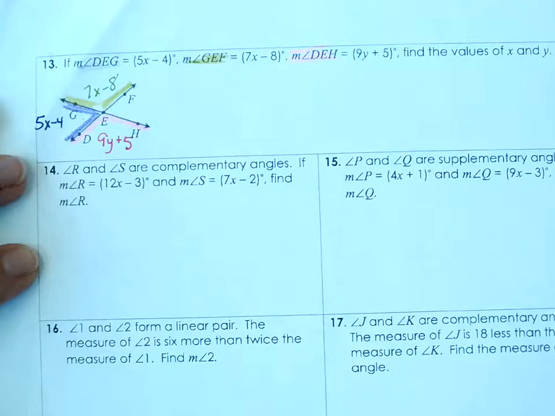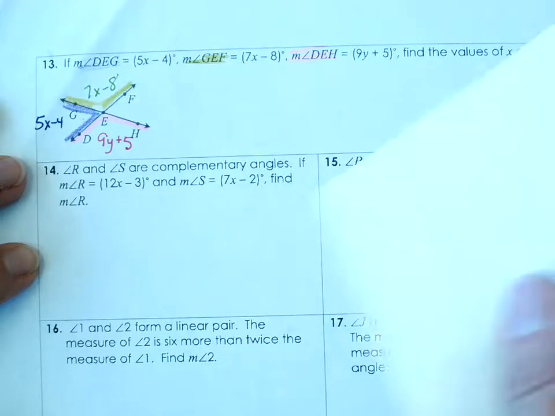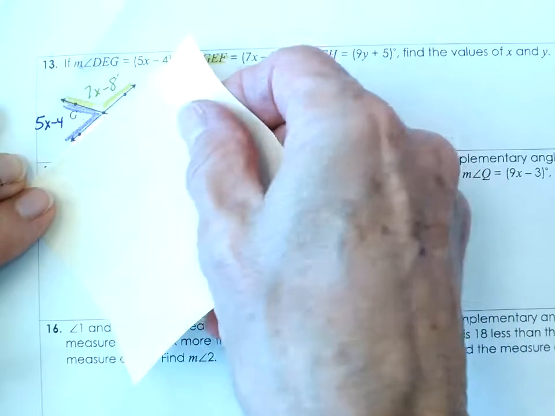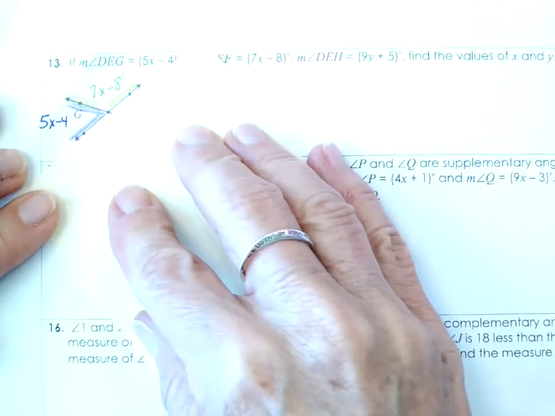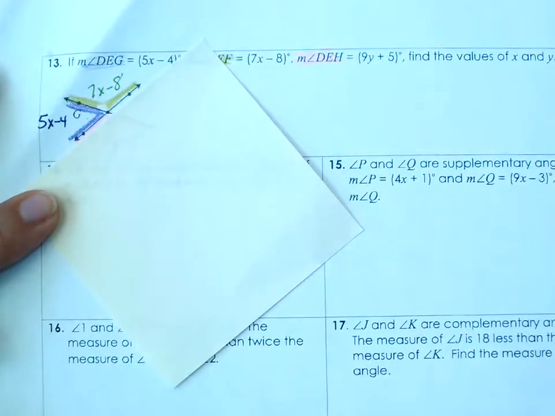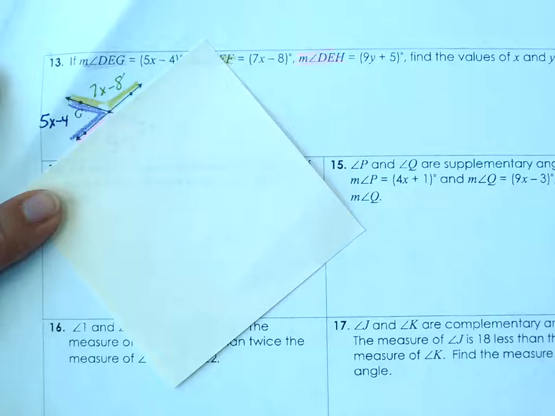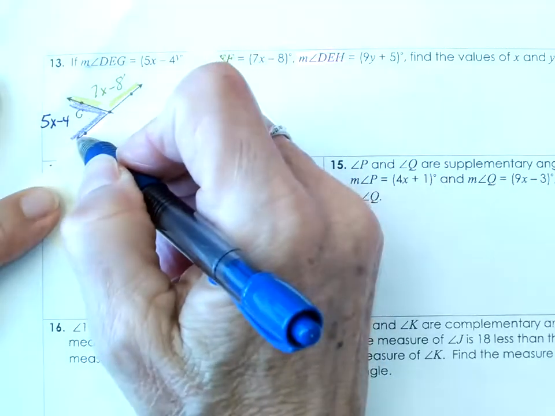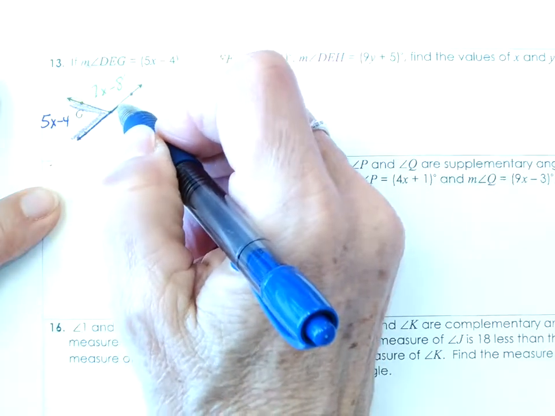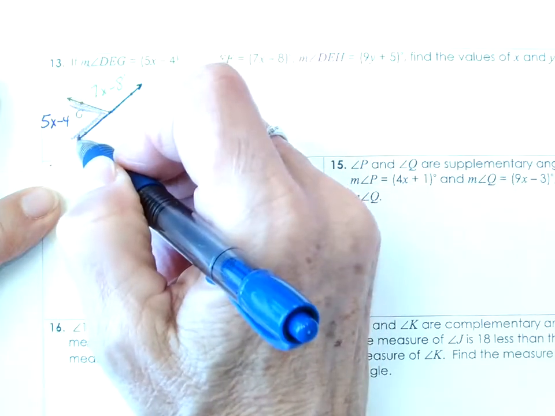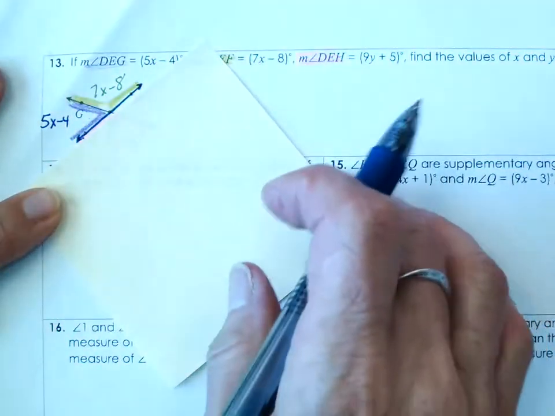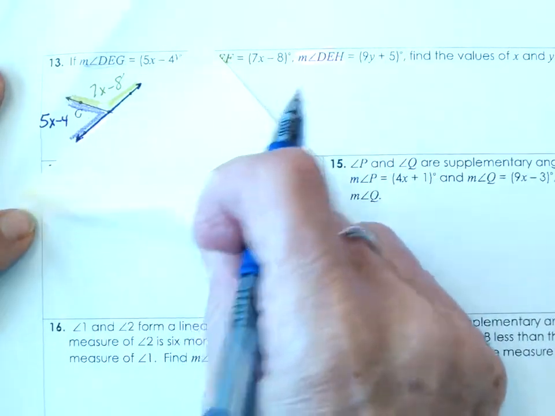Well, there are some interesting observations here. If I just look at those two angles, they happen to be adjacent, and these two sides form a straight line. That means they're supplementary. If I add those two angles together, the total would be 180.